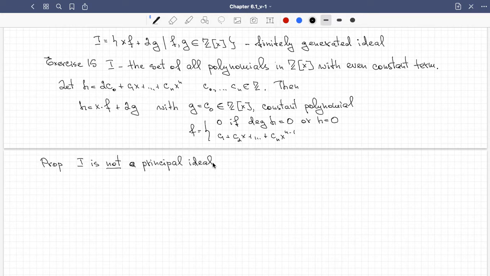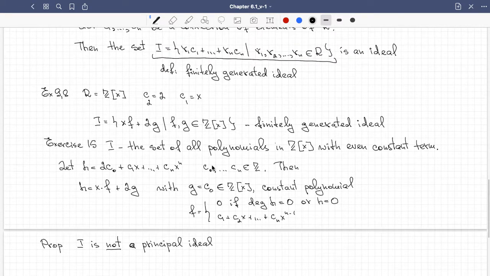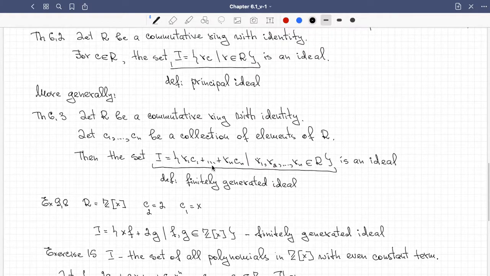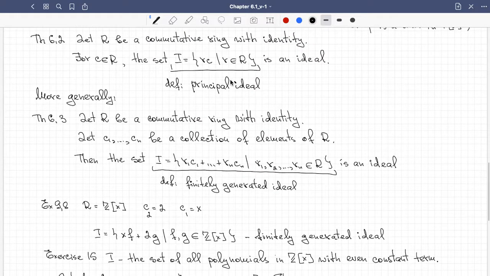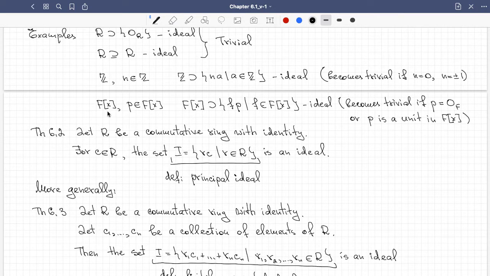That will tell us that not every ideal is principal. We are in a general situation. You will not find examples of non-principal ideals in the rings which were the focus of our consideration. Neither Z nor polynomials have non-principal ideals.